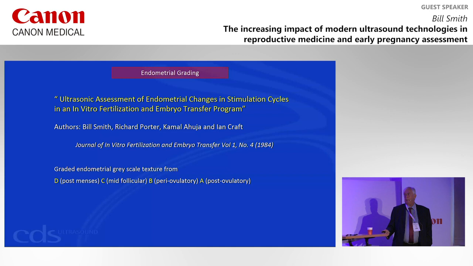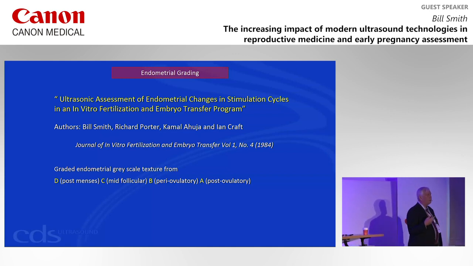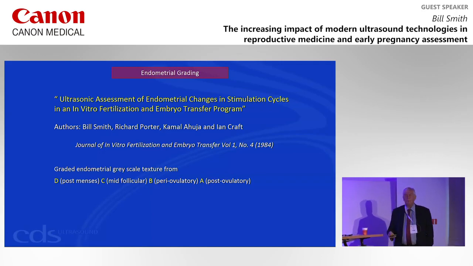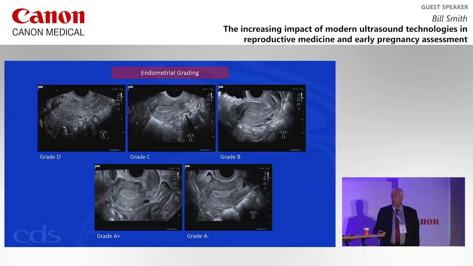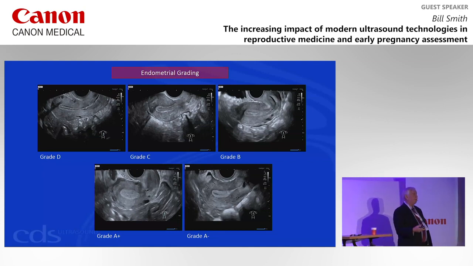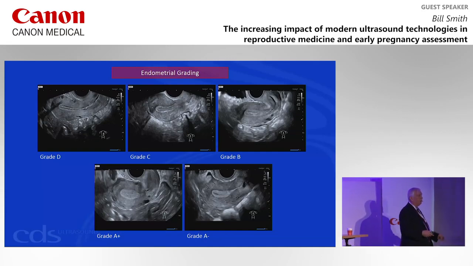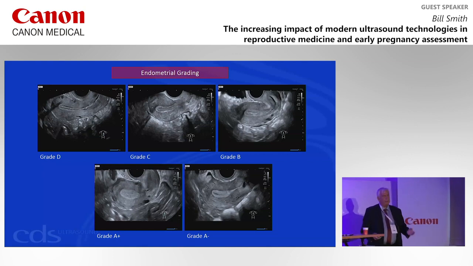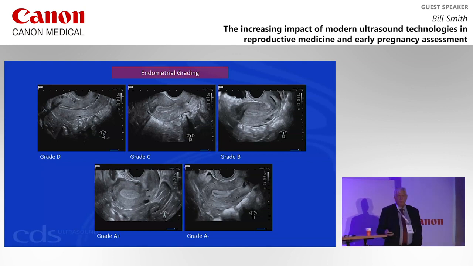We realized back in 1984 that as we go through an ovulatory cycle, the grayscale appearance of the endometrium changes.